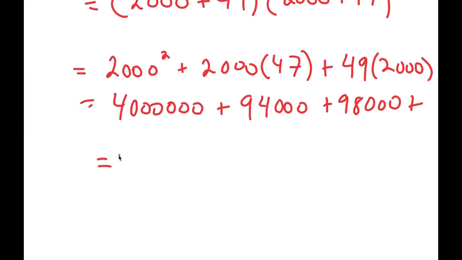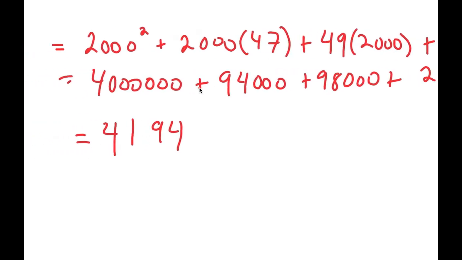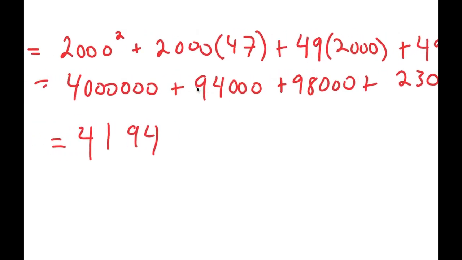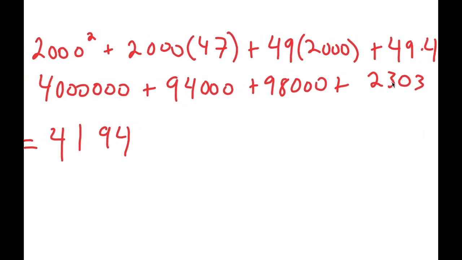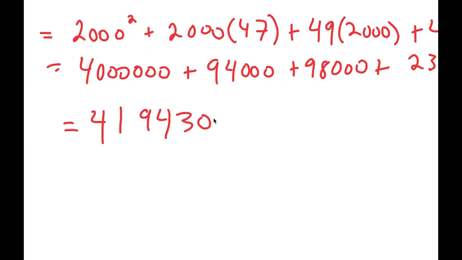So now by adding all these up, I get 4,194,000, because 94,000 plus 98,000 is 194,000, and then I have to add in the 2,303, so now I get 303 at the end.